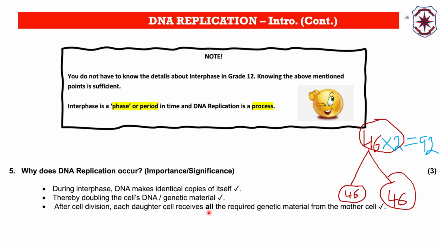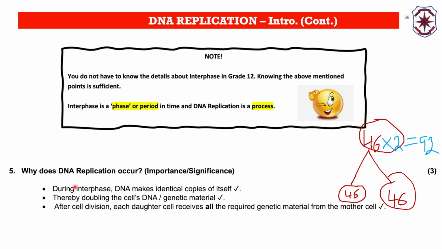All the required genetic material from the mother cell, because these daughter cells must contain 46 chromosomes. So before the cell divides, the genetic material must be doubled. Why? Because the daughter cells would receive all the required genetic material from the cell. In this case, the daughter cells will receive 46. So that's why DNA replication is important.